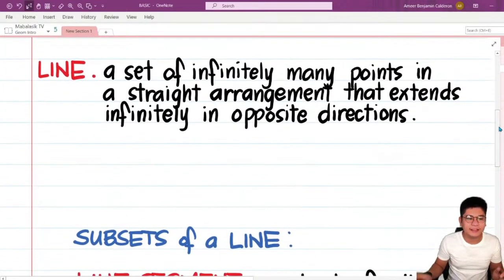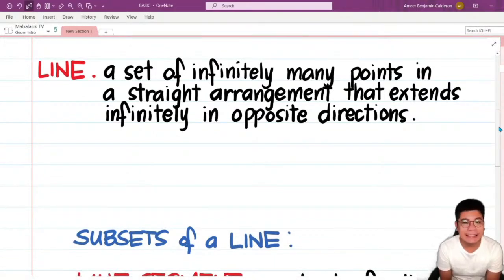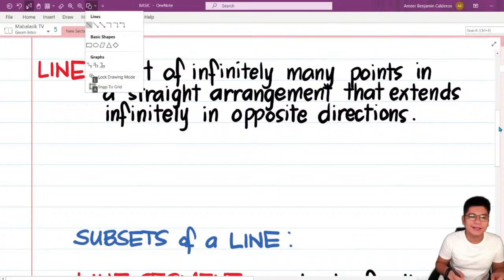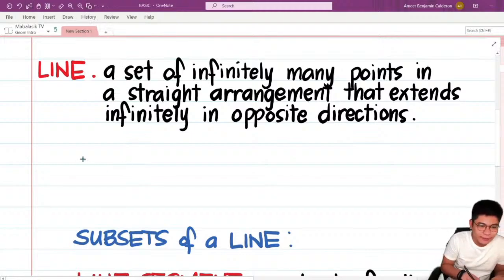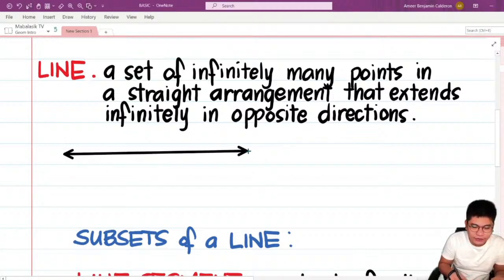The next definition is a line. So a line is a set of infinitely many points in a straight arrangement that extends infinitely in opposite directions. So what does a line look like? A line looks something like this.